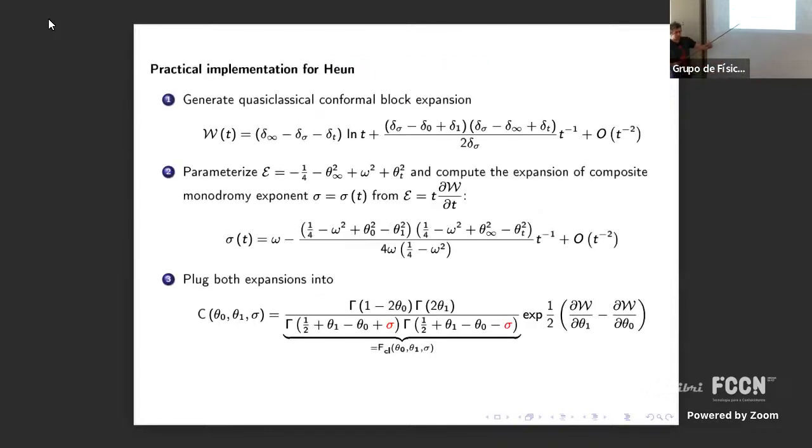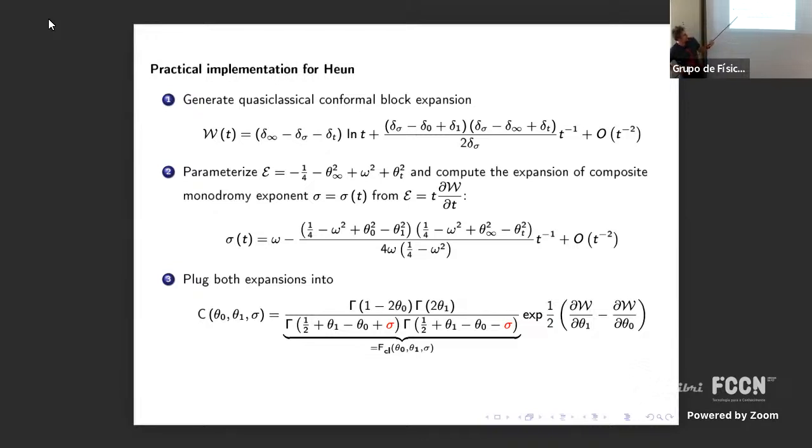But again, this gives you a certain practical way to compute a series for this connection matrix in powers of t, or powers of 1 over t in this case. So what you have to do is generate this series expansion using your favorite method. Then you compute the expansion of this composite monodromy by solving this equation. And then you plug the corresponding values of sigma into this formula. And you may see that when you do that, you will have to expand.